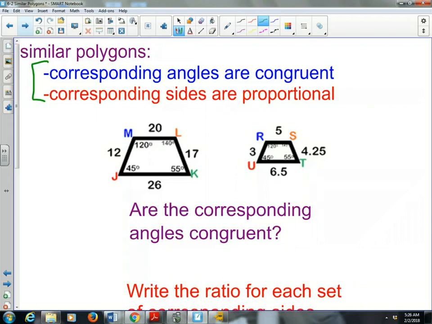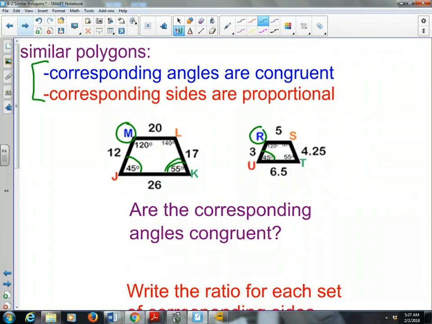So let's take a look at these 2 trapezoids that we have up here. Basically, we're going to determine, are these 2 similar polygons or not? Well, are their corresponding angles congruent? Angle M corresponds to angle R, and they're both 120 degrees. J and U are both 45 degrees.